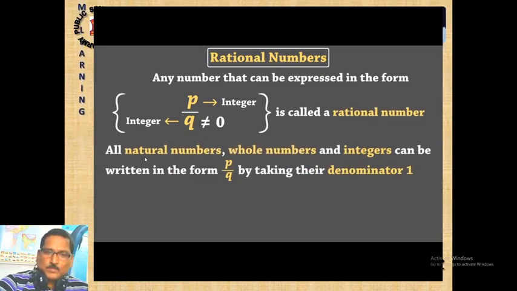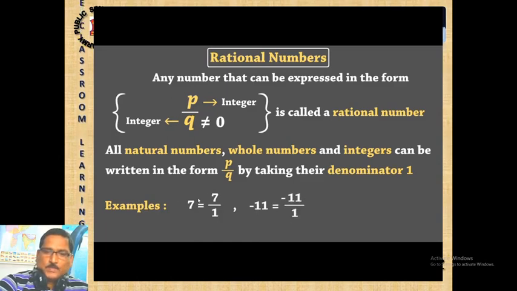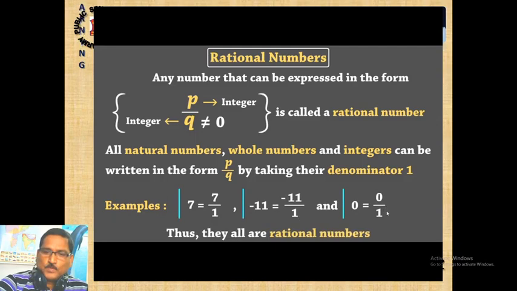When we need to represent a natural number, whole number, or integer as a rational number, how can I write it down? By writing the denominator as 1. For example, 7, 7 by 1, minus 11, minus 11 by 1, 0, 0 by 1, the set of rational numbers.